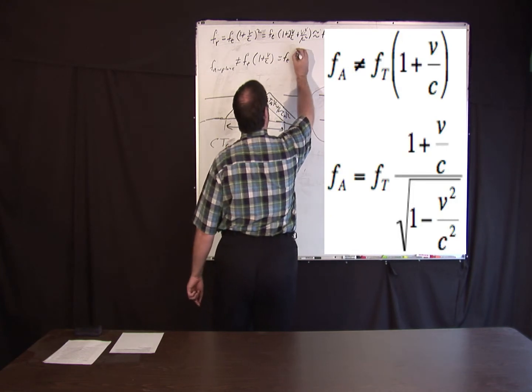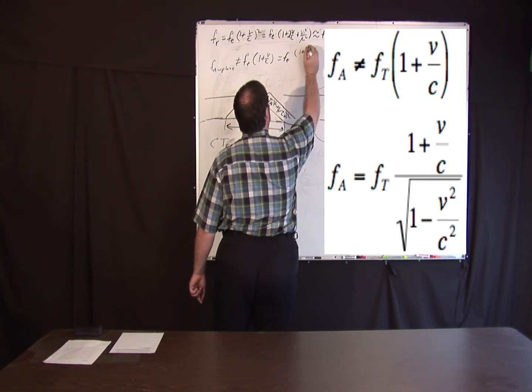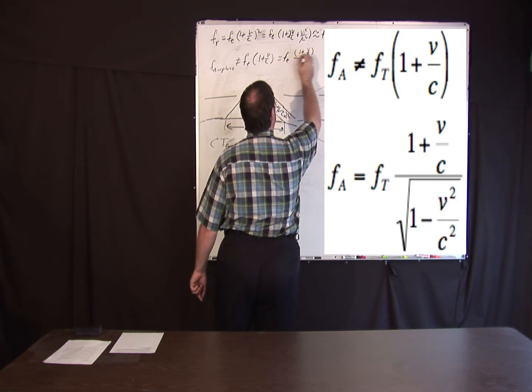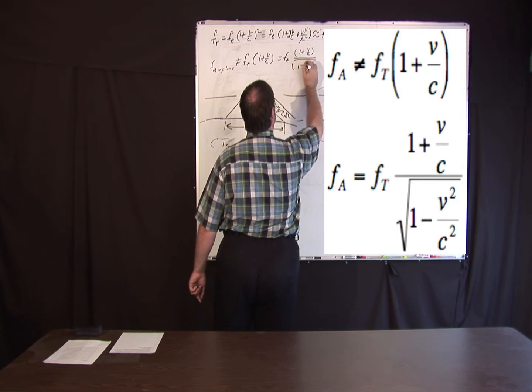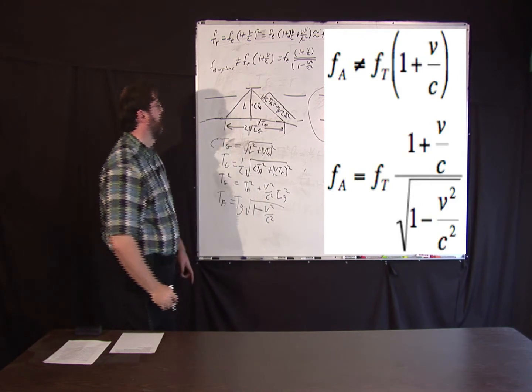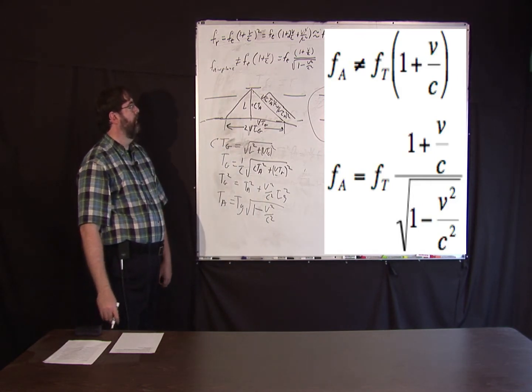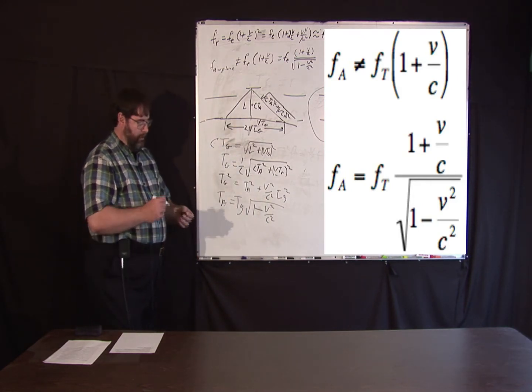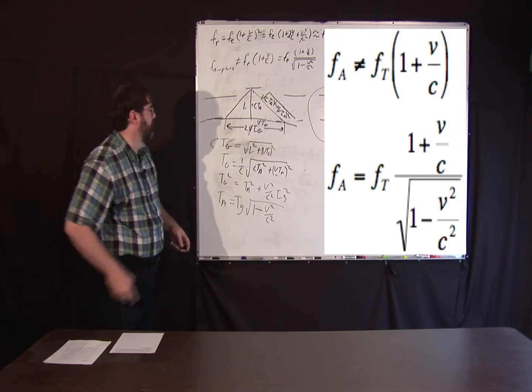This is frequency transmitted times 1 plus V over C times the square root of 1 minus V squared over C squared. Okay. Well, that's a small difference.